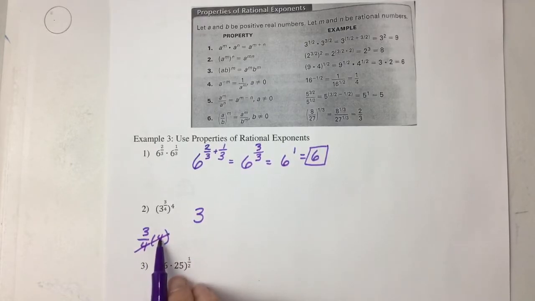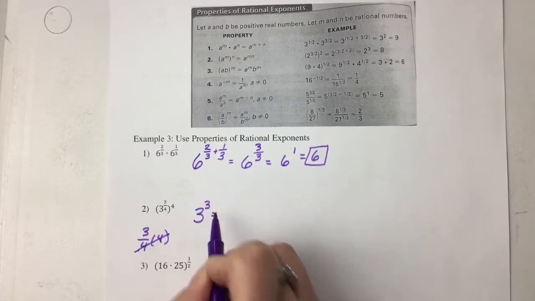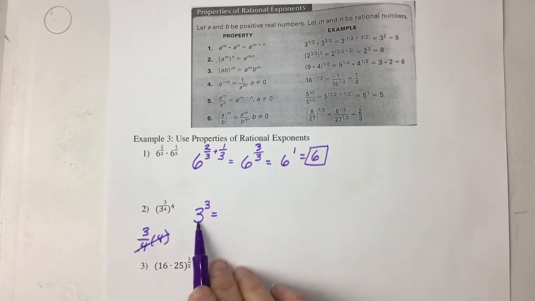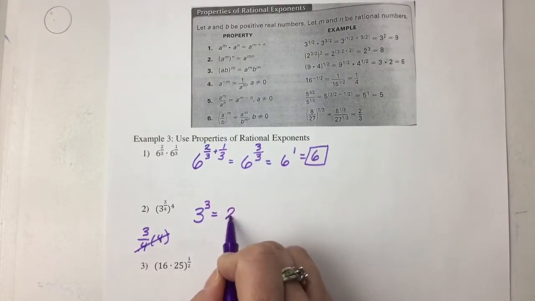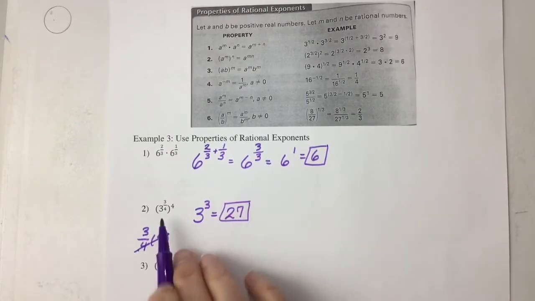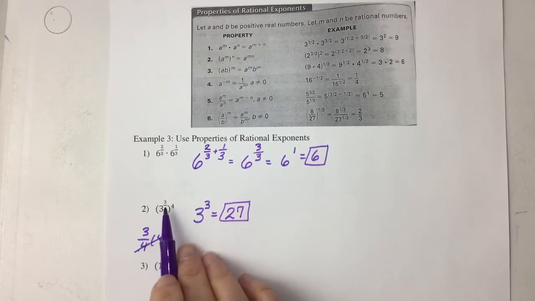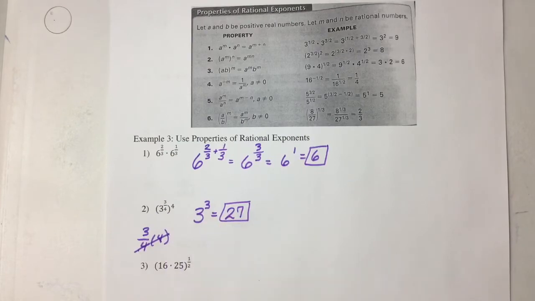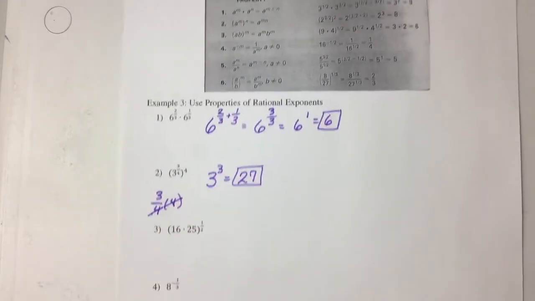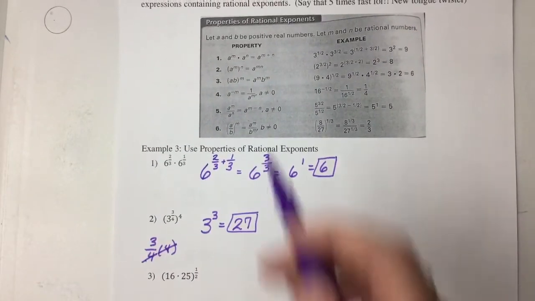So multiplying by 4 would cancel the denominator, leaving you an exponent of 3. 3 to the power of 3 means 3 times 3 times 3, that's 27. So 3 to the 3/4 to the power of 4 is 27. Okay, now this one is going, I guess I did go right in order here.